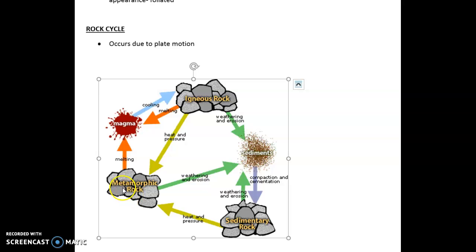So we could have marble that could again be subjected to heat and pressure and form a different type of metamorphic rock. So each can form each other here. Okay, but we can't jump right from sedimentary to igneous. It would have to go through the metamorphic rock phase first.